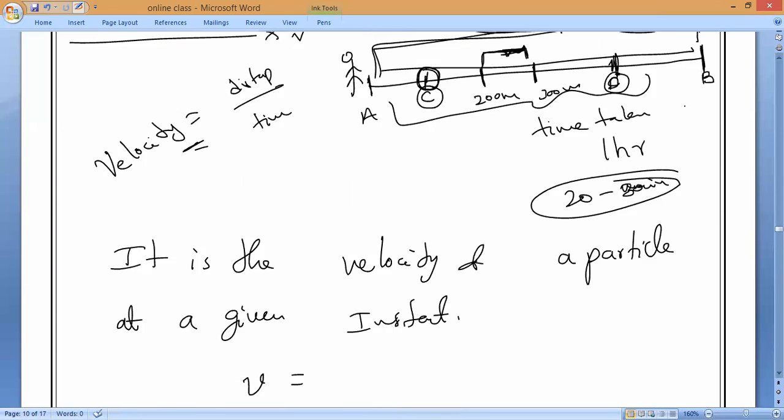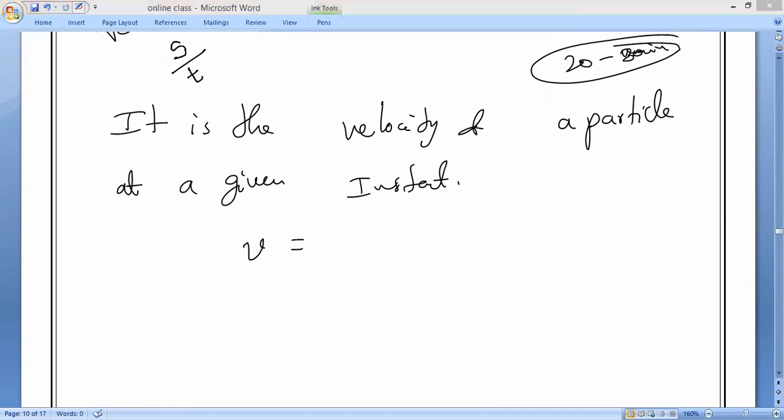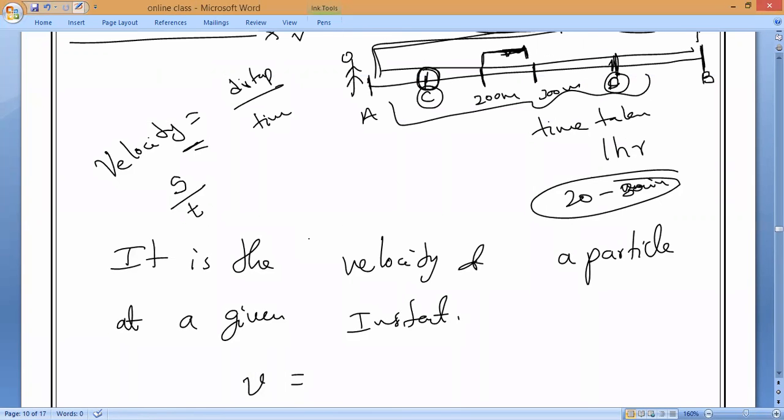So how can we represent instantaneous velocity? Observe very carefully. Total displacement, how can we represent, Harish? Total displacement we represent with S. Yes or no? And total time taken, how do we represent? T. Is it okay, guys? Please respond. Yes, sir. For example, you have a 1 kg cake. Total cake means total weight is 1 kg.